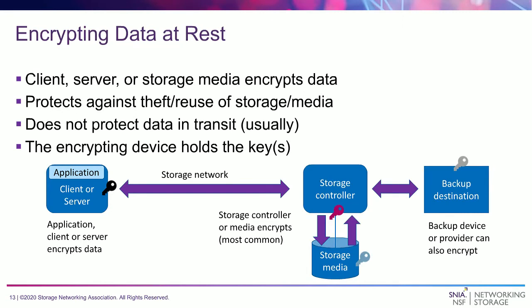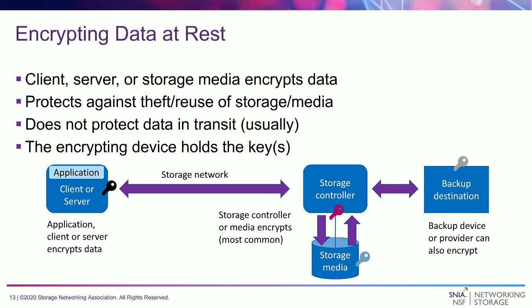So an example of data at rest: here we have an application running on a client or a server, and then we have a storage controller, which has some storage media, could be hard drives or flash drives or some other kind of persistent memory. And then we may have a backup destination, and the backup could be a backup server, a tape library, or a cloud service, which is in fact probably more and more common these days.